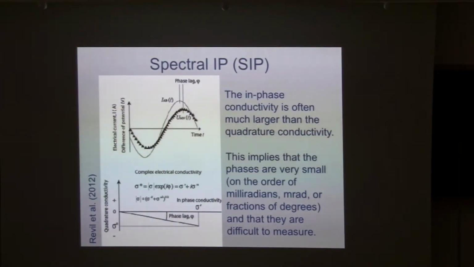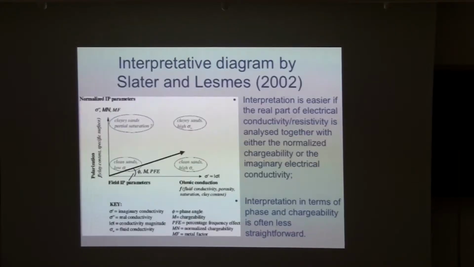Problem is that it's difficult to measure and it can be quite time consuming in the field, at least if you want to go to low frequencies. So just a last slide here on IP. For example, Lee Slater and Lesmes here in 2002, they suggested, I'm not sure if they were the first, but they suggested some normalization of the IP parameters.